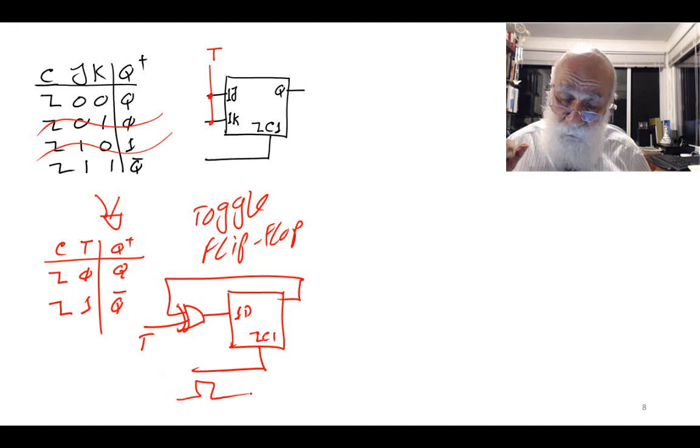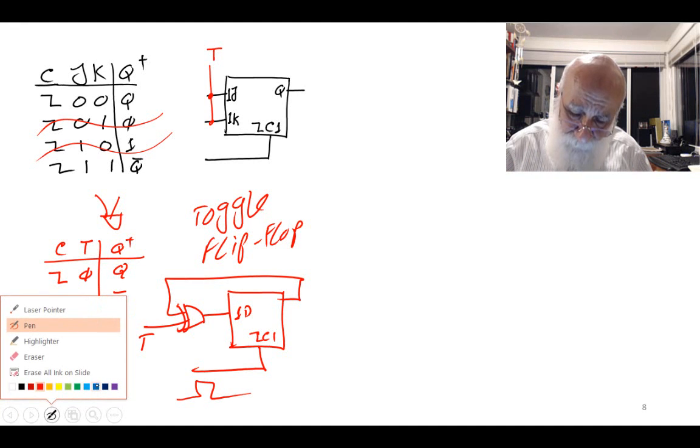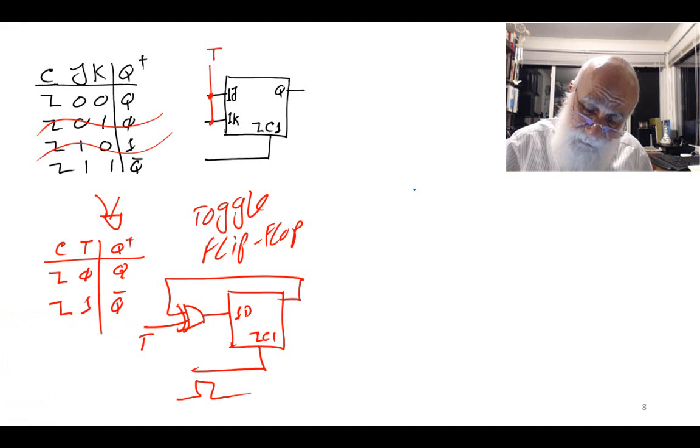And let me do one last thing, and that is, this is the circuit we had. Remember this?